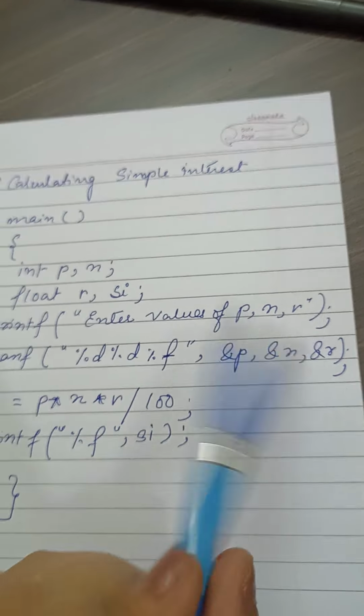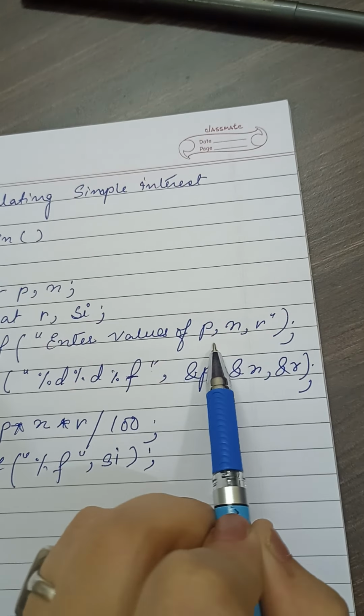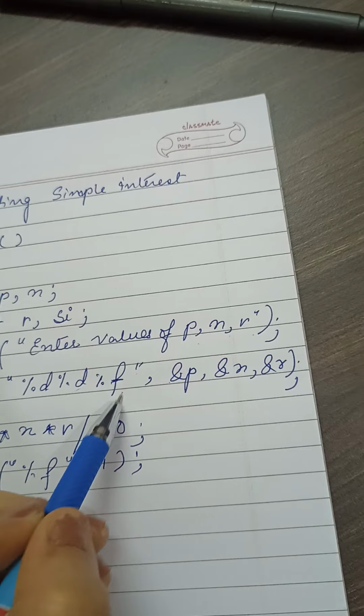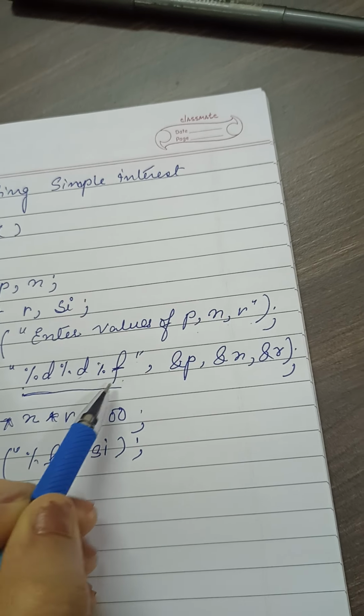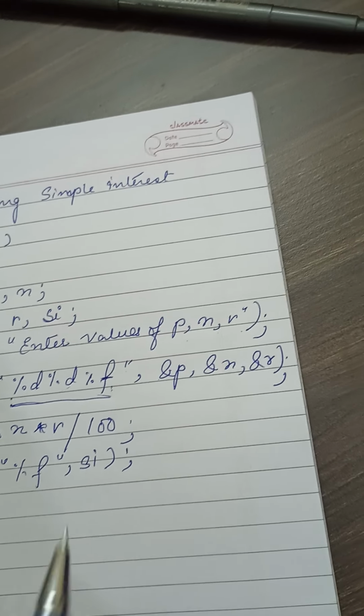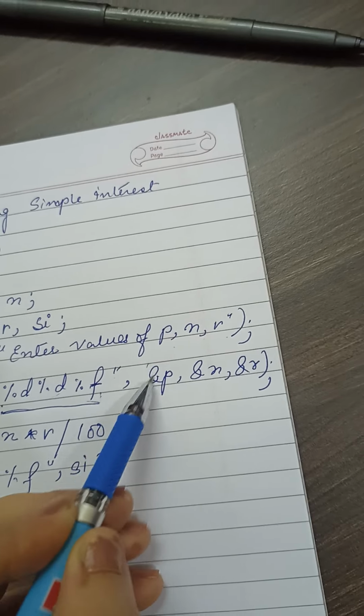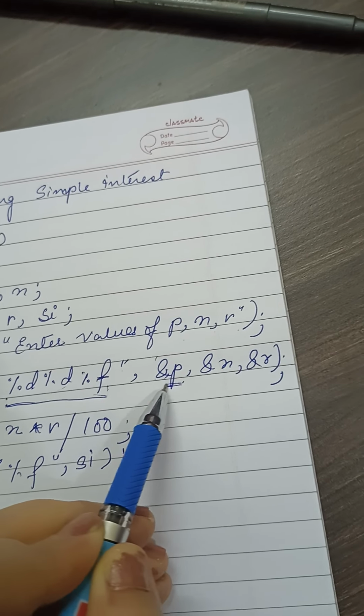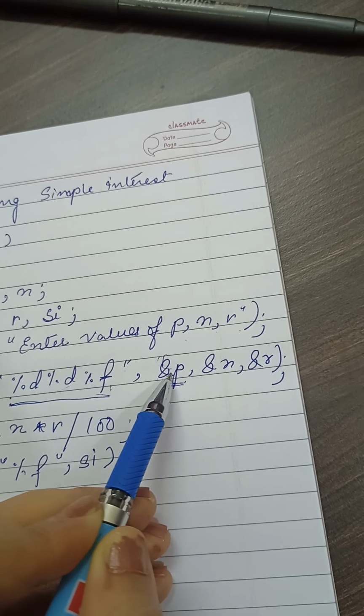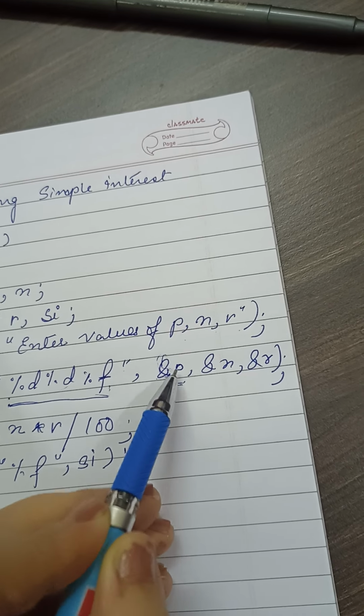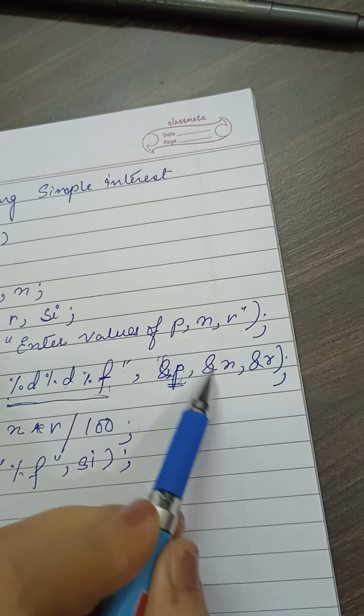So for these three variables, we have declared their types over here, and then we have assigned the memory address, the address of p, n and r.